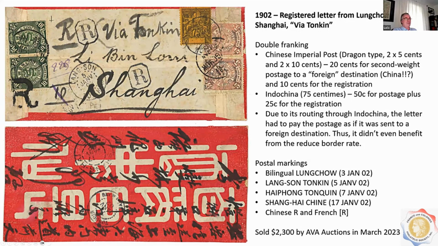So 30 cents total from the Chinese post, and then in Longson the postal agent added 75 centimes from Indochina. The letter traveled from Langzhou on January 3rd to Longson on the 5th of January, to Haiphong on the 7th. There it took a boat, went to Shanghai, where it arrived on the 17th.